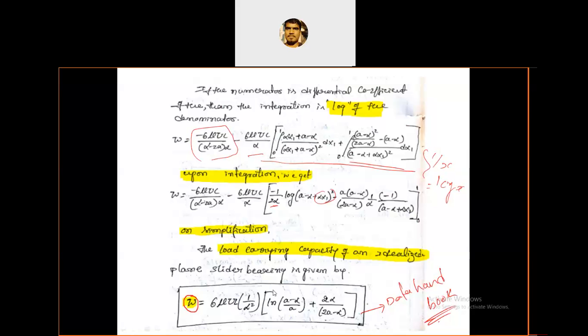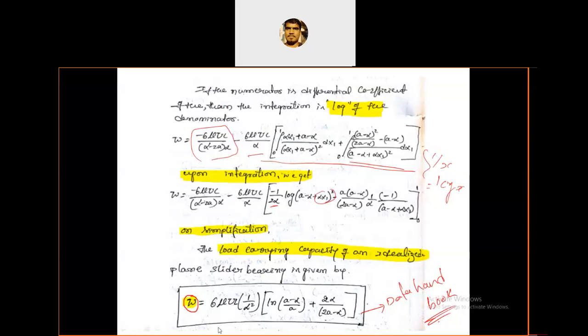The load carrying capacity increases with decrease in the quantity A. For the given dimensions, these may be taken as important parameters, like alpha, inclination, A, L, mu, and U. These parameters contribute to the load carrying capacity of the bearing.